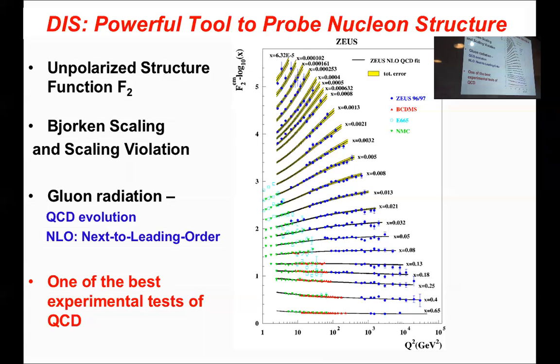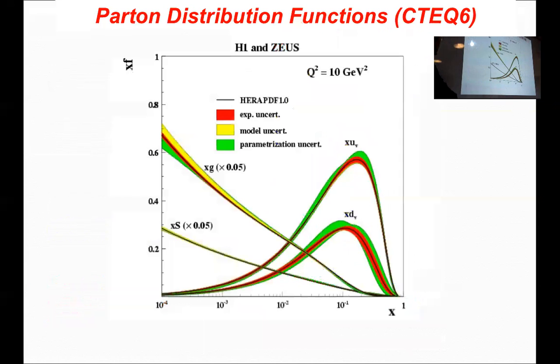DIS has been a really powerful tool. We learned all the unpolarized structure functions and many others. We learned all the parton distributions. We know the valence quark distribution very well, and we also know the sea and the gluons, although probably at very low x.